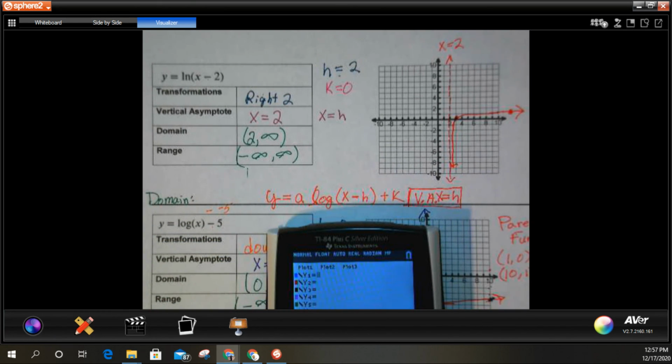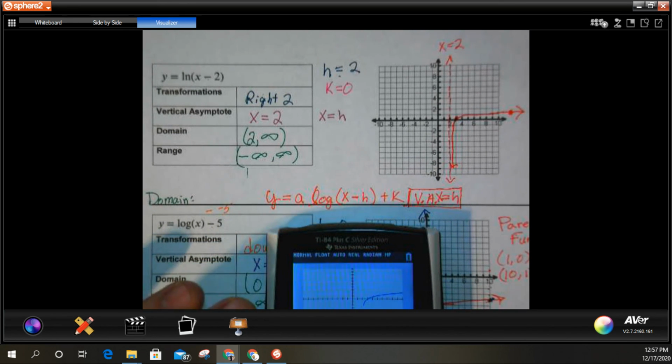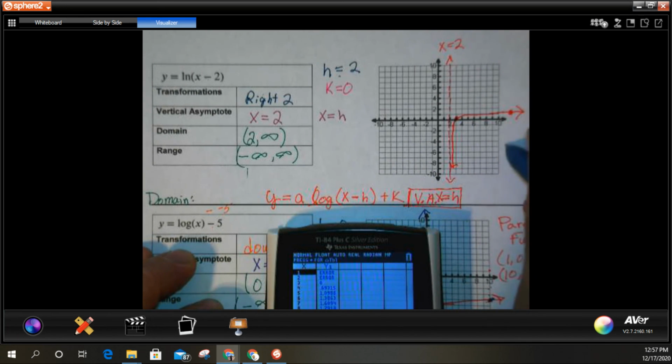Second graph. So from technology, from calculator, I get a good point of 3, 0, and I'm going to get another whole number point here. Should be 12, 1.